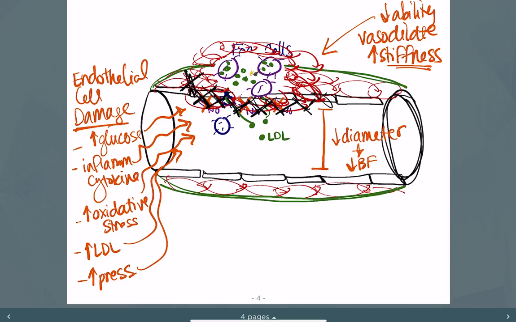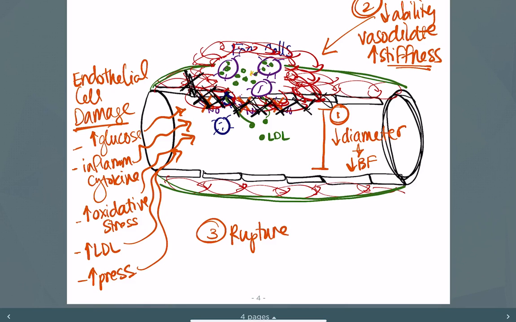The other really big problem is that your plaque can rupture. So if I had to say, number one, we reduce diameter. Number two, we reduce responsiveness. Number three, we have the possibility of rupture.